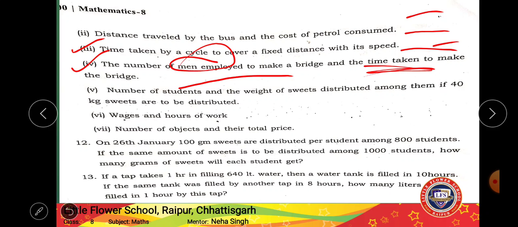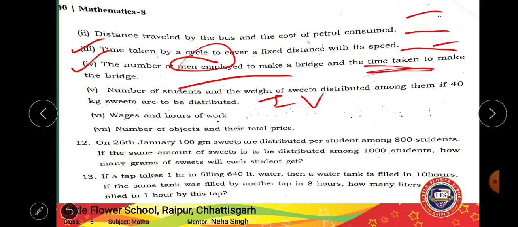Number of students and the weight of sweets distributed. If 40 kg of sweets have to be distributed, right? If the number of students is more, then the quantity of sweets each one gets will be less, right? So this is also in inverse variation, right?